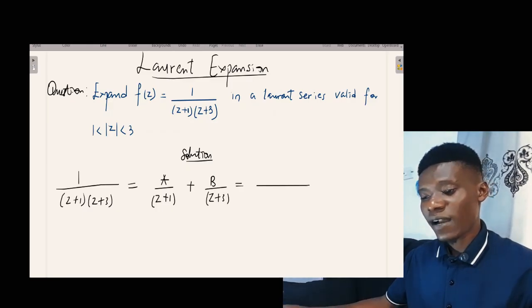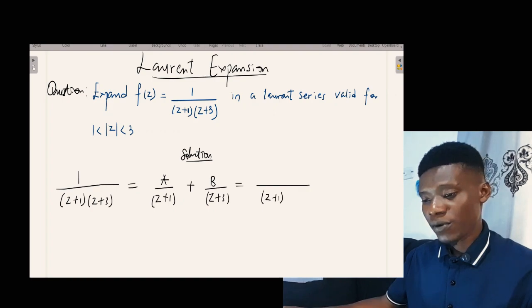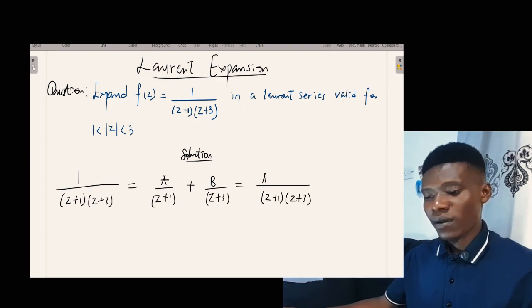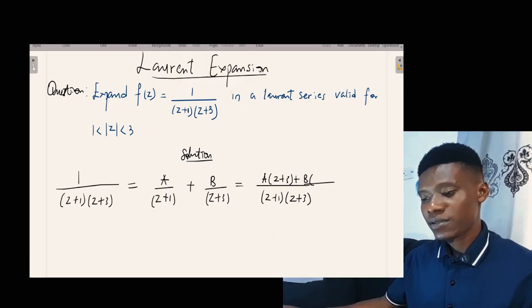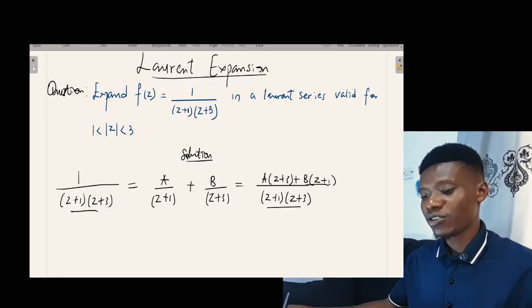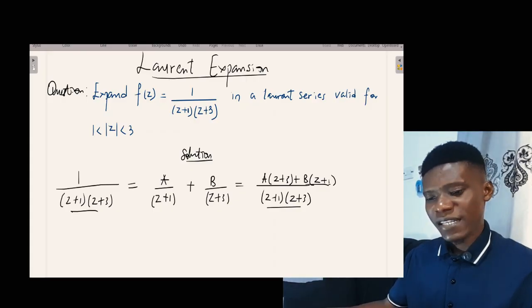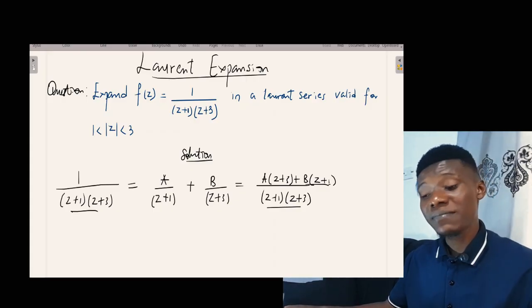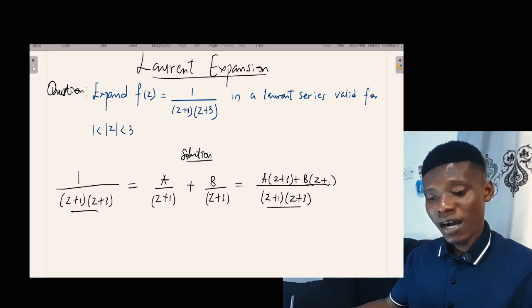If you simplify this further, you have z plus 1 into z plus 3, a into z plus 3 plus b into z plus 1. Since the denominators are the same and they have an equal sign, this simply means that the numerators are equal as well.